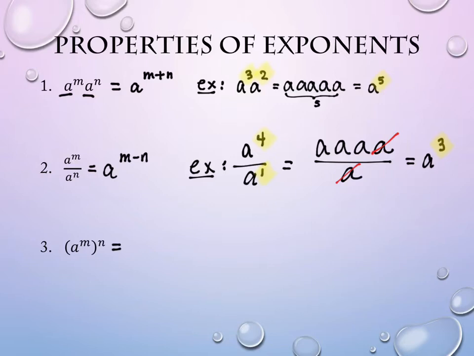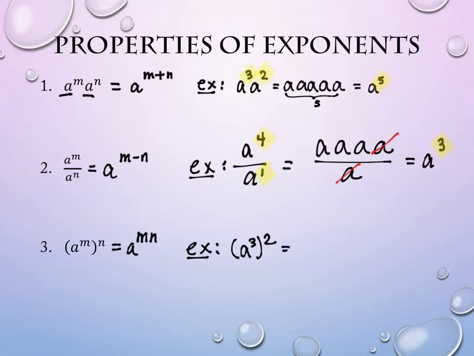So when we have a power raised to a power, we don't have the 2 bases being listed side by side. What we actually do is we multiply the exponents. And I'm going to show you why that works by doing a cubed, squared.